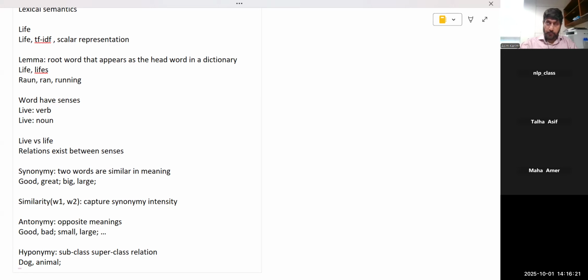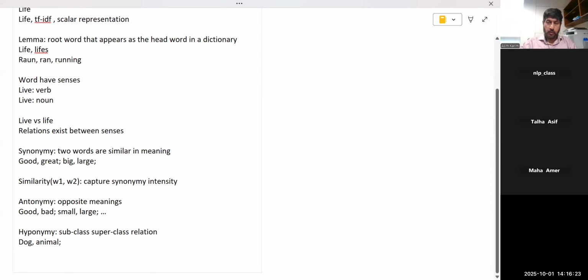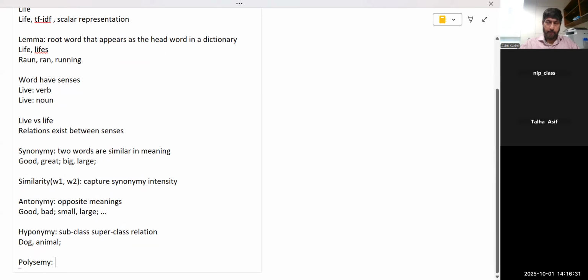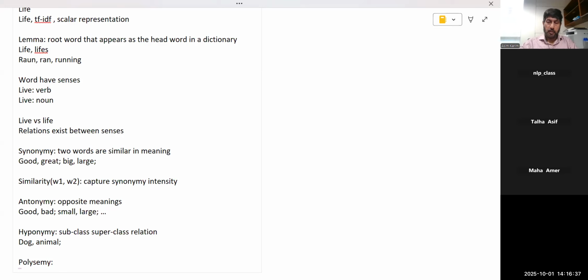So similarly, we have the concept of polysemy. So what is polysemy?